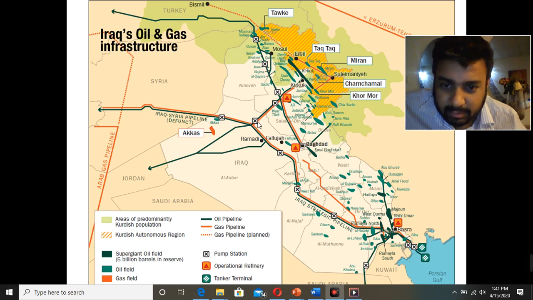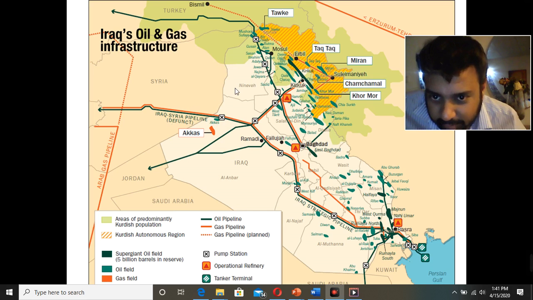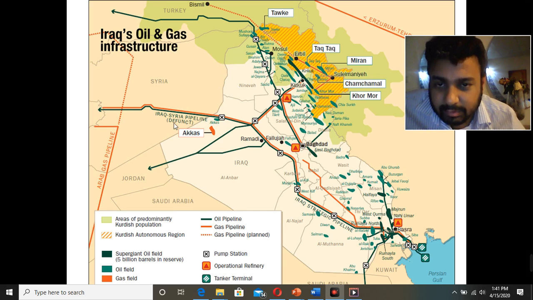But again, as you see the crosses, which show the pumping stations, this pipeline is not functioning right now because of the situation in Syria. Syria has a sea coast, and this sea gives a gateway to Europe. That's why all the pipelines go through Syria.